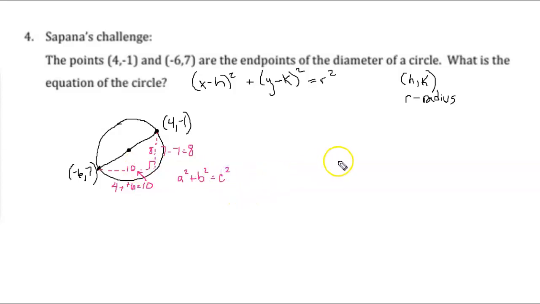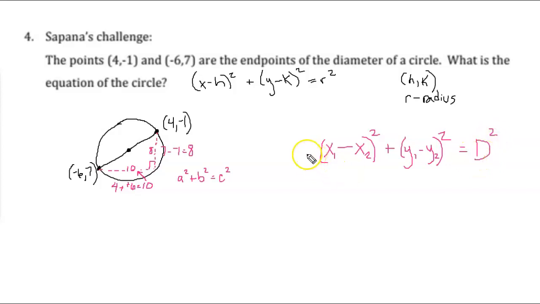Some people like to use a big formula. They would just want to know straight up what the distance is. And the distance formula is based off of the Pythagorean theorem. So if I subtracted the x's to get that 10, that's my a, so I'm going to do a squared. And then to find my b, I subtract my y's, and that's my b squared, and it's equal to c squared, or in this case, our distance squared.